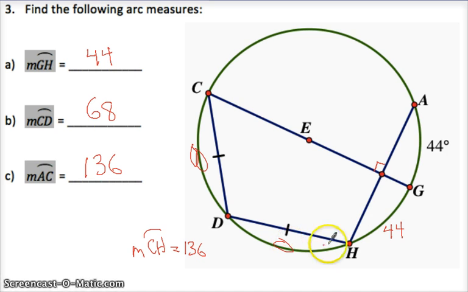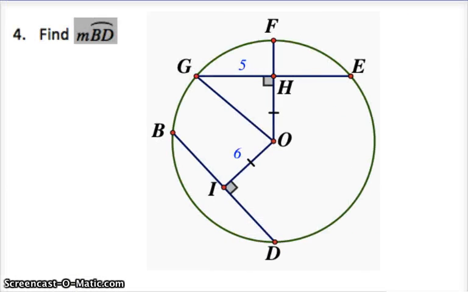Like, to find this, I had to look at this 44 up here and work my way back to it. Or sometimes the answer is, oh yeah, I know it's perfectly equal to something over in a completely different corner. So don't forget to back up from these pictures and zoom out with your eyes and look around the whole thing. I'm looking for an answer in the lower left, but the answer might be up in the upper right. Okay, that's kind of vague advice, but it's amazing to me how often that turns out to be the case.